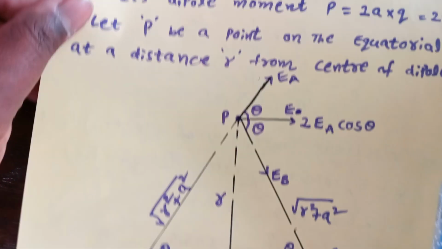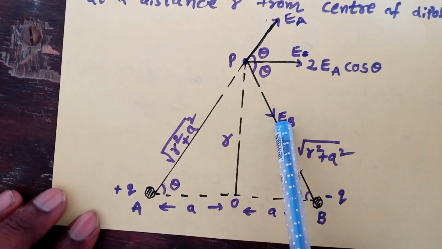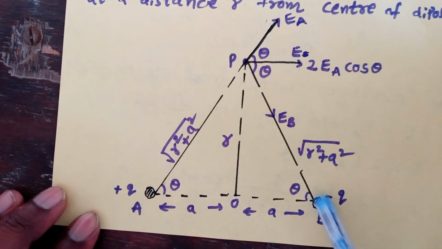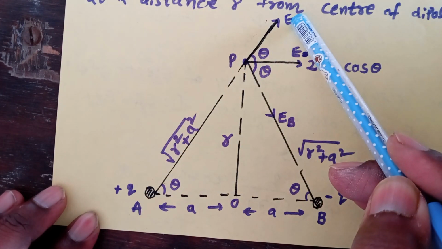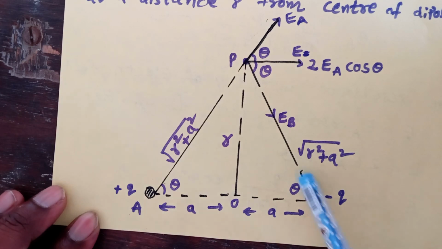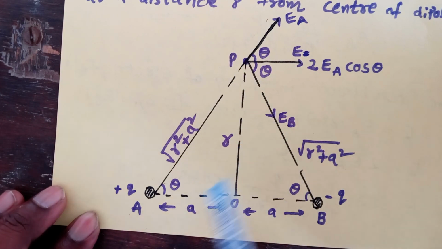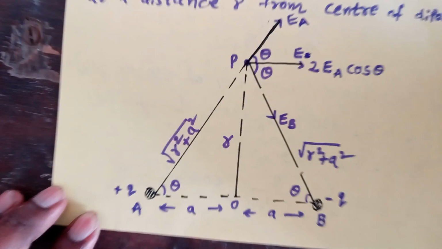Electric field at A and electric field at B are cancelled along the equatorial line, but the electric field will get added along the axial line.